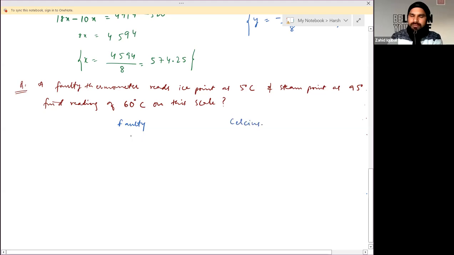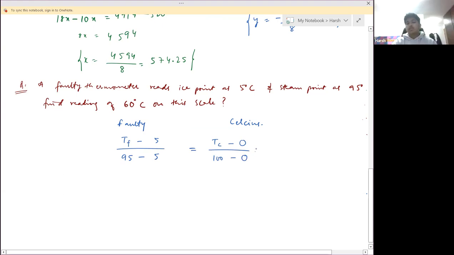According to the above formula, temperature on the faulty thermometer minus lower fixed point divided by upper fixed point minus lower fixed point must equal temperature on the Celsius scale minus lower fixed point divided by upper fixed point minus lower fixed point. Is it clear? Yes, sir.